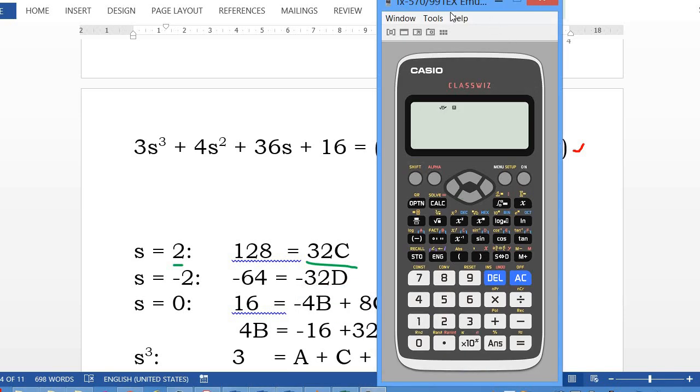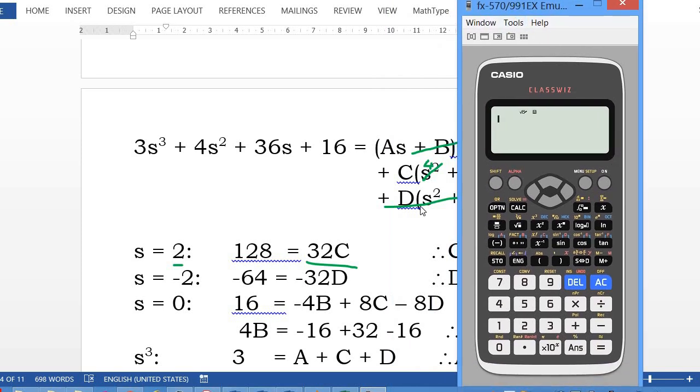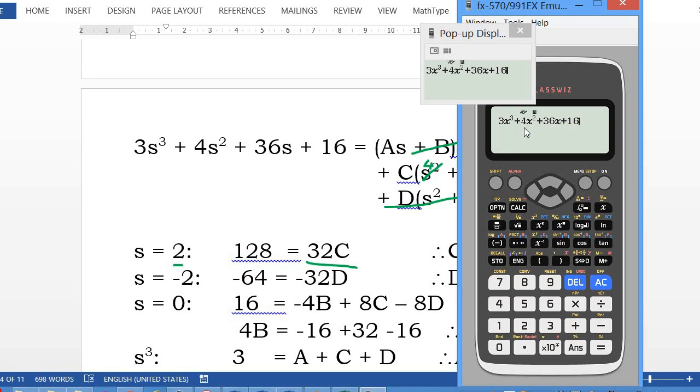For the left side, maybe you can use a scientific calculator to calculate it quickly. I'm going to put in the formula: 3x cubed plus 4x squared plus 36x plus 16.